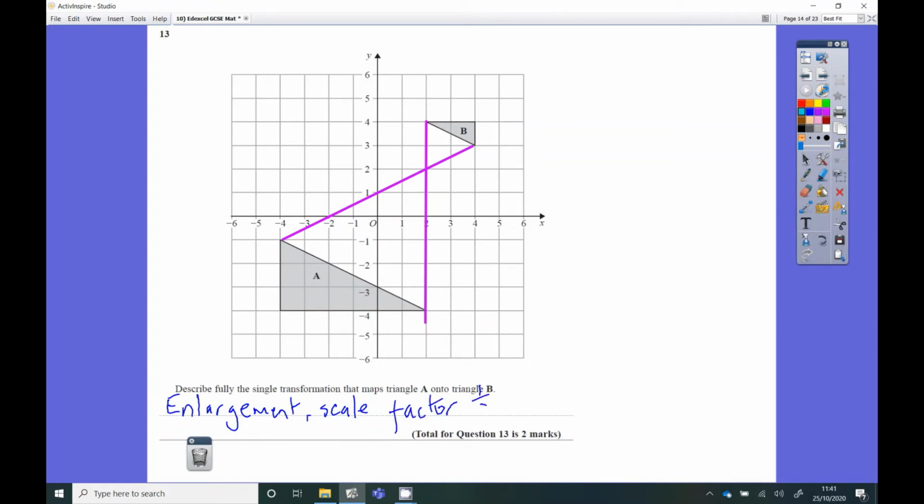And then center of enlargement 2, 2. So we have to make the 3 points to get maximum marks when describing an enlargement. So enlargement, scale factor a third, center of enlargement 2, 2.